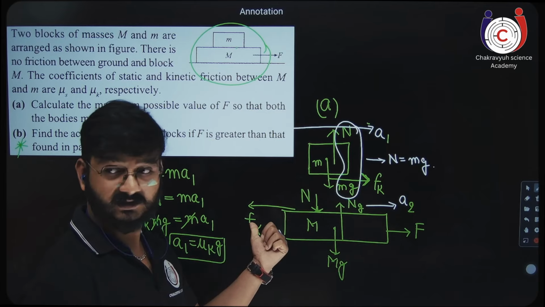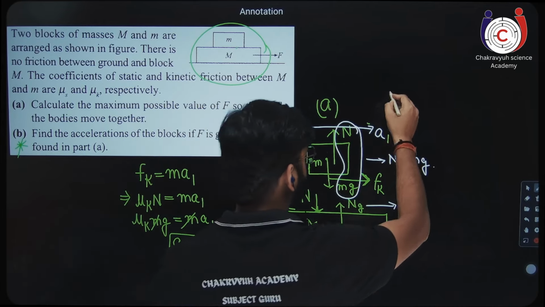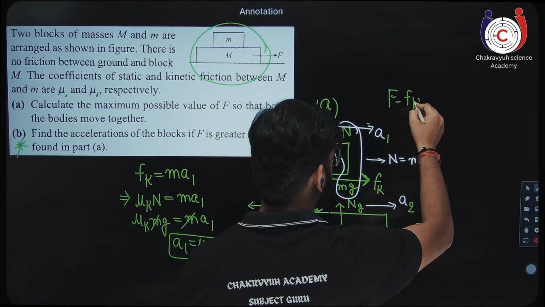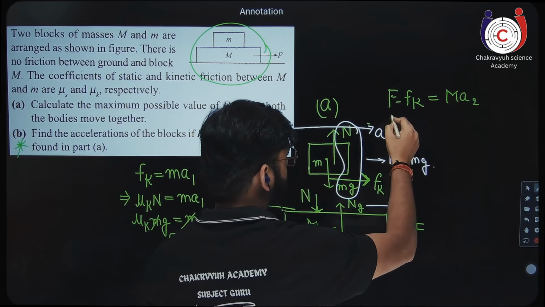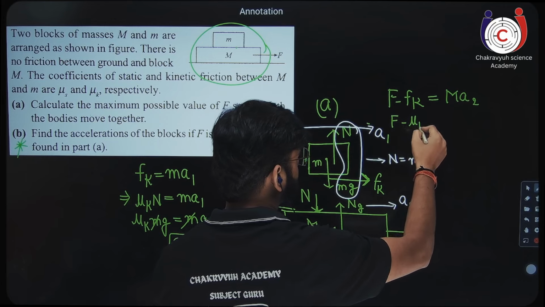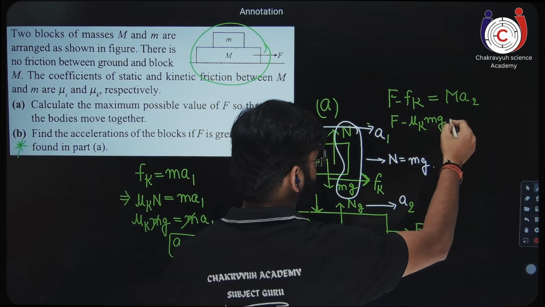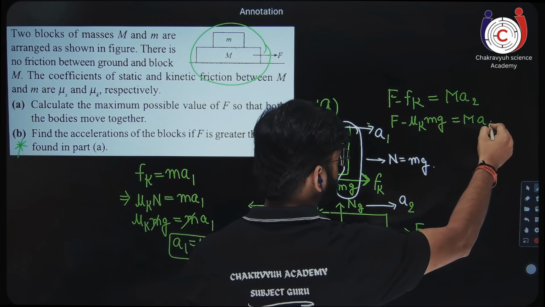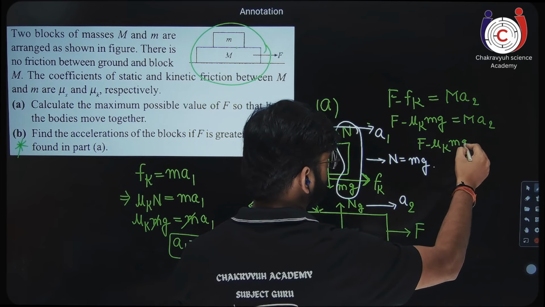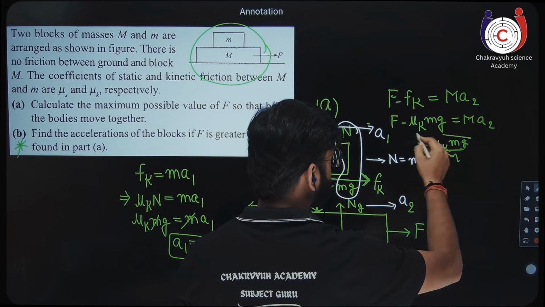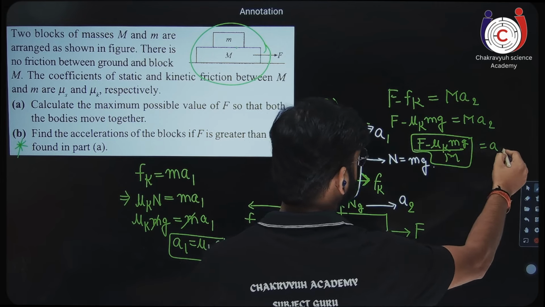F minus Fk. F minus Fk will be equal to mass into acceleration. So what is Fk? Mu k into N, which is mu k into mg. So this will be F minus mu k mg divided by capital M. This is the acceleration.